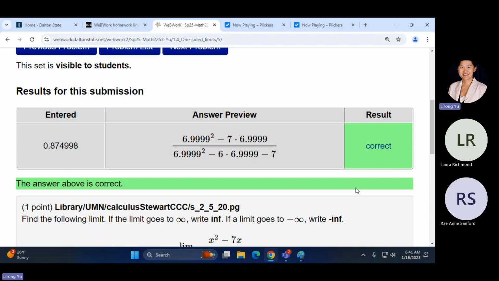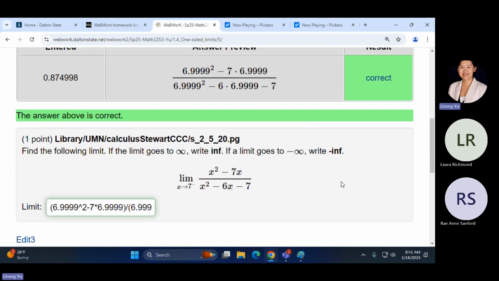So the computer thinks that you have an accurate enough answer to the correct answer. Of course, this is a numerical way to try to determine the limit value. Numerical calculation sometimes gives you the exact, or close enough, answer. Sometimes it may be a little bit off. Most of the time it's a little bit off. It's just that the computer is forgiving, even though it didn't give the correct answer, the computer feels that's close enough. All right, so this is how to handle the limit calculation numerically.